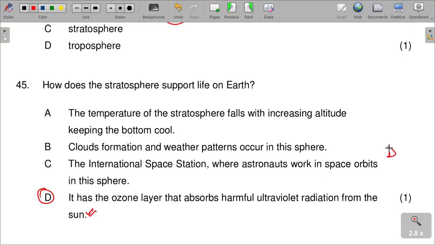So D is the right answer. This is the way the stratosphere helps sustain life on Earth, through the reduction in the intensity of the solar energy.